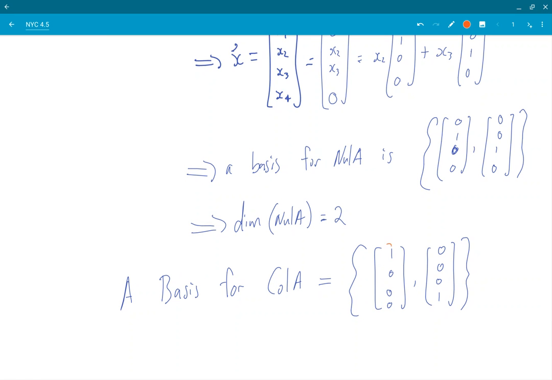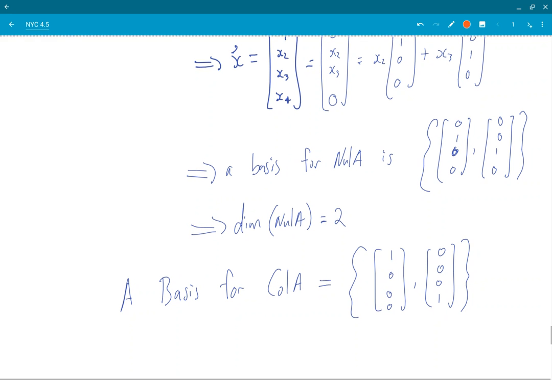If I change this to a 9, also a basis. If this is a 19, anyways, you get the idea. You can scale your elements here, and that will generate a new basis, as long as you don't scale by 0. And there are also other ways to find different bases.